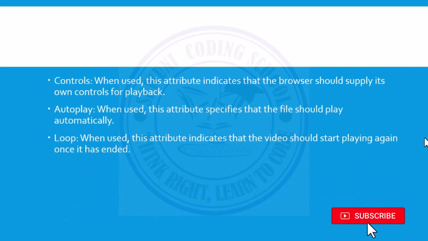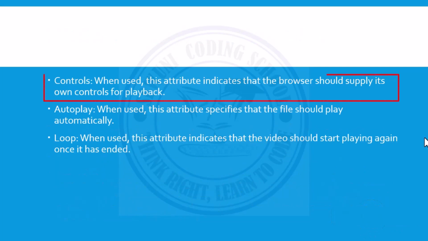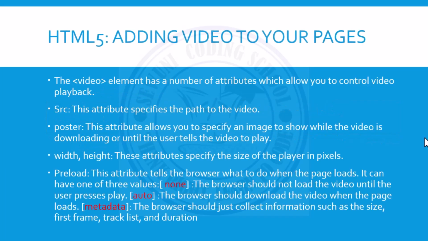You can also find controls. When used, this attribute indicates that the browser should supply its own controls for playback. Autoplay, when used, specifies that the file should play automatically, unlike preload, which tells the browser what to do when the page loads.